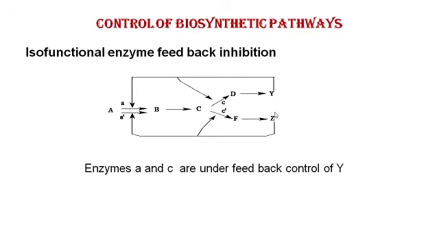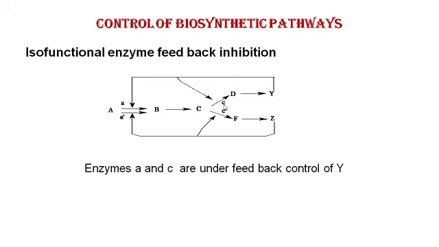It will not affect the production of the other metabolite, because the other isoenzyme, which is not affected by Y, will still continue to convert A to B and B to C.